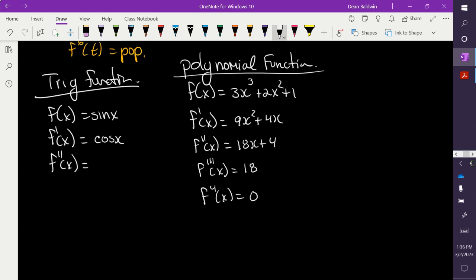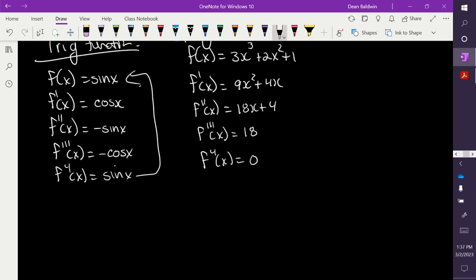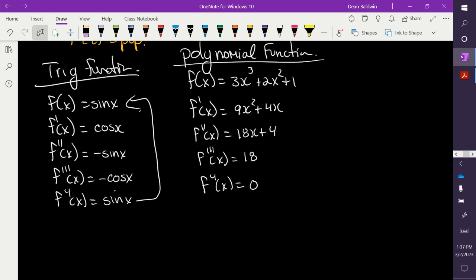Sorry, what is it? Negative sine of x. F triple prime. And f fourth is back to sine. So every 4 derivatives, you cycle back. Okay? So the classic question on a first year calc is if f of x, oh, we don't know chain rule yet. Can't tell you that question. Sorry. So just know every 4 derivatives it cycles back, but we don't know chain rule yet. Sorry, I just realized that.